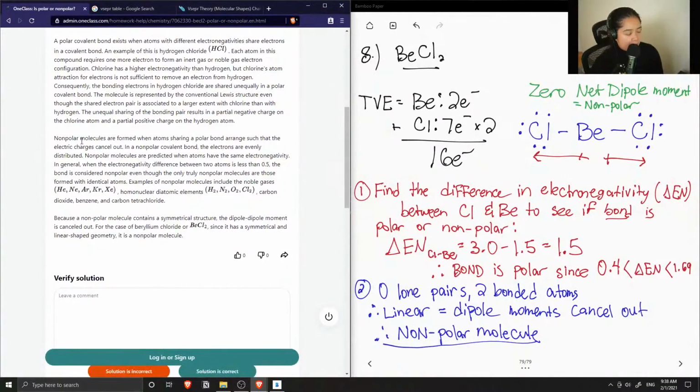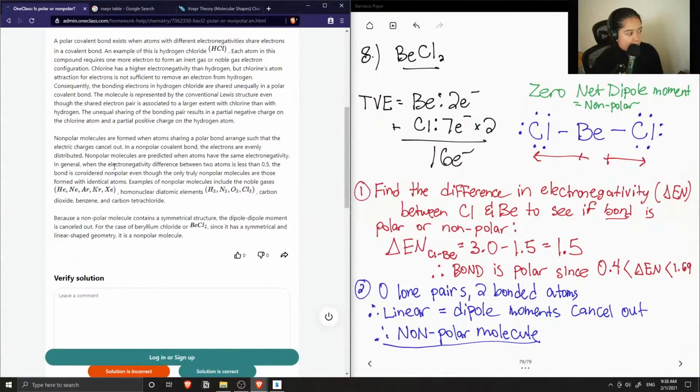And they have the definition of nonpolar molecules: when atoms sharing a polar bond arrange such that the electric charges cancel out. Okay, so yep, when you have polar bonds and they cancel each other out, you can have a nonpolar molecule. And they also say if there's a nonpolar covalent bond, electrons are evenly distributed.